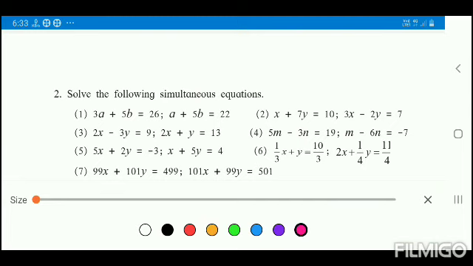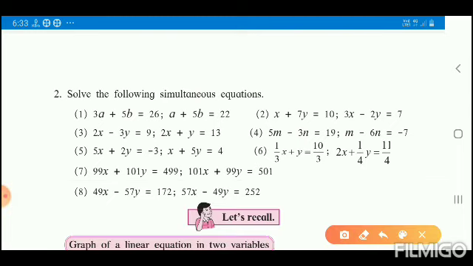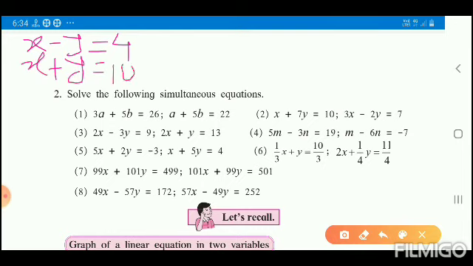Now I will solve these equations. Look, I will solve here just x minus y is equal to 4, and second equation is x plus y is equal to 10. Then here plus y minus y will cancel. 2x is equal to 14.